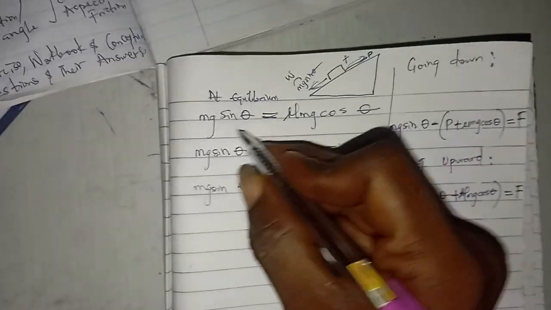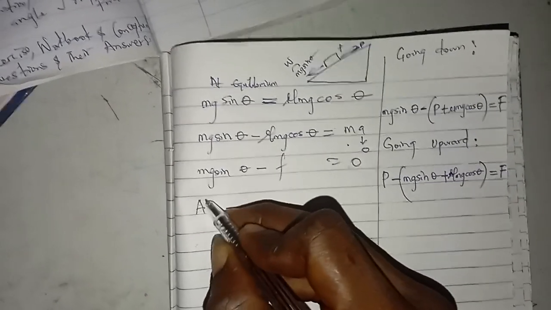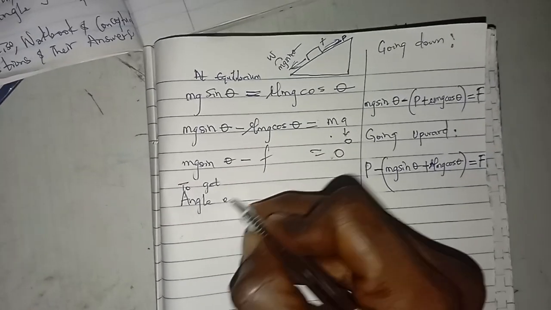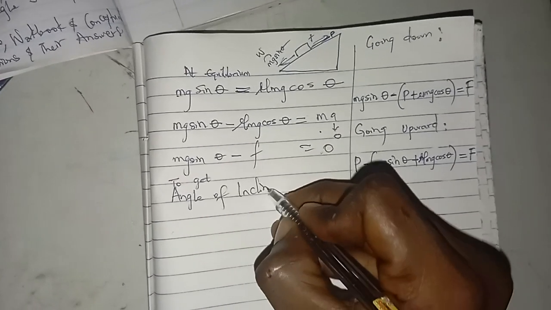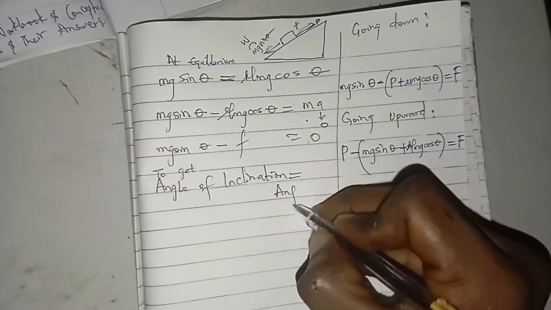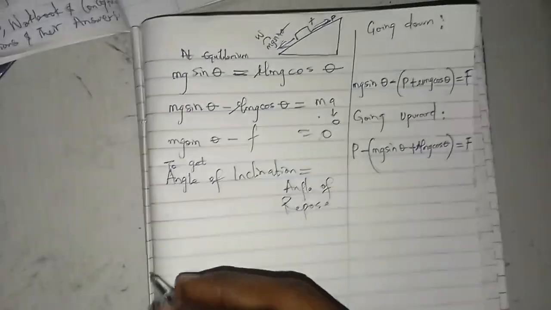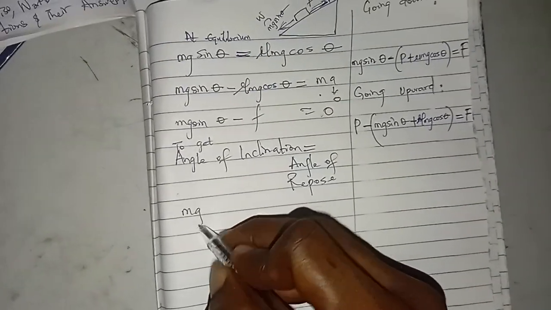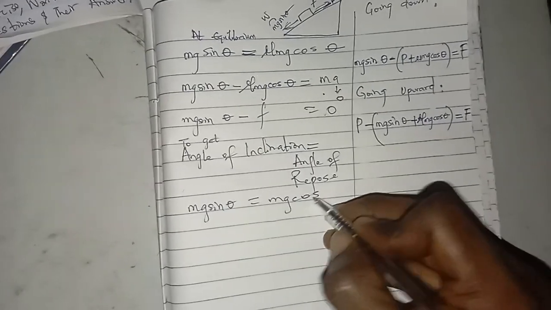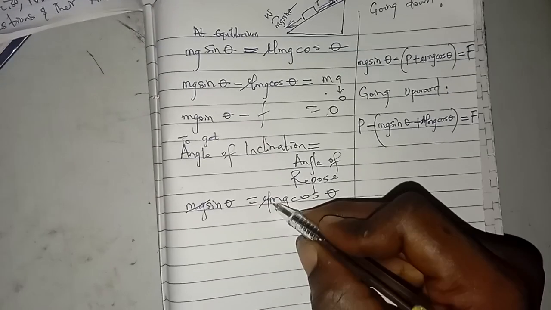But if you check this now, from this formula I can get the angle of inclination, which is also called angle of repose. It is simply gotten by doing mg sin theta equals to mu mg cos theta. Remember mu, that is this. So mg will cancel mg.